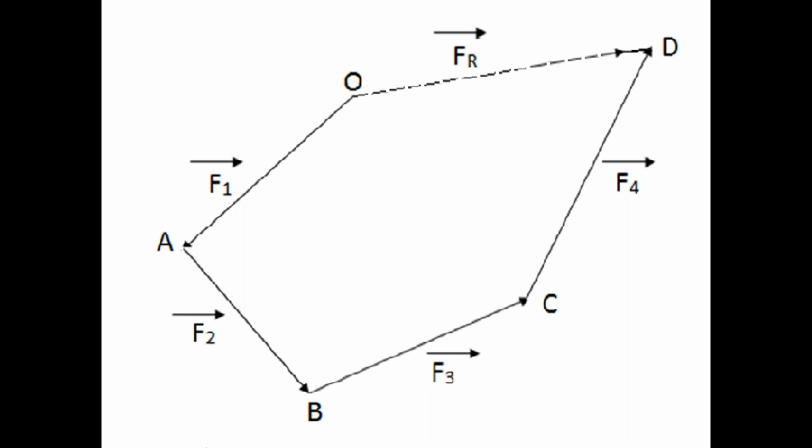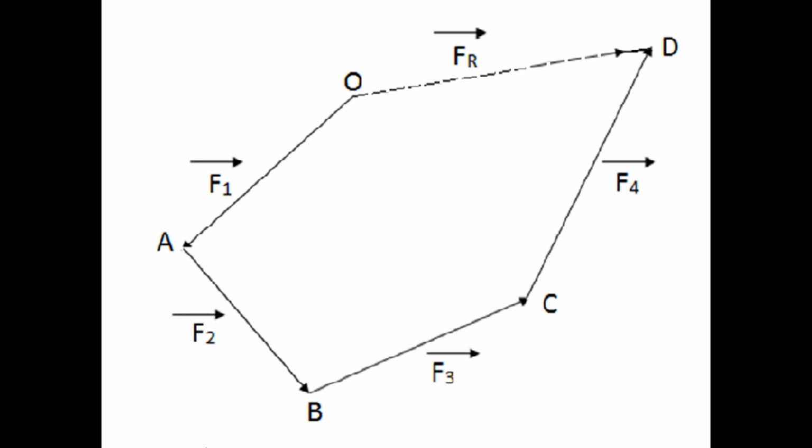So from the polygon law of forces, we can also determine whether the force system acting on the rigid body is in the equilibrium condition or it is not in the equilibrium condition. Dear students, if anybody is having doubt either in the parallelogram law of forces, triangle law of forces, or in the polygon law of forces, please put your attention on the polygon law of forces.